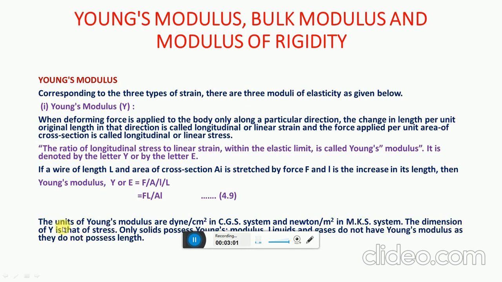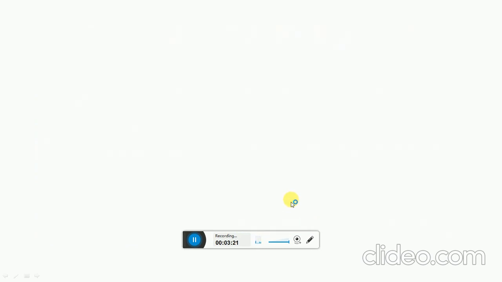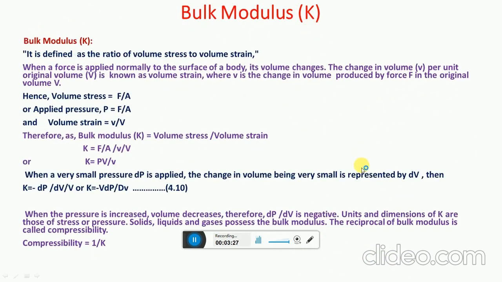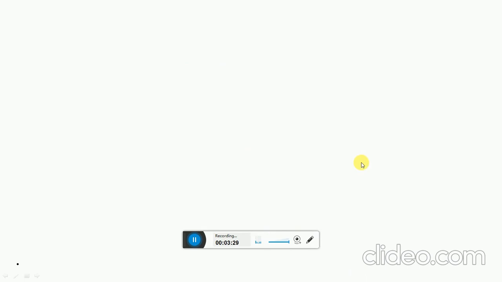That means dimension of Young's modulus is similar to that of stress. As length gets elongated, and we know that length is possessed only by solids, therefore only solids have a Young's modulus. Then after discussing Young's modulus, we come to another modulus, that is bulk modulus.